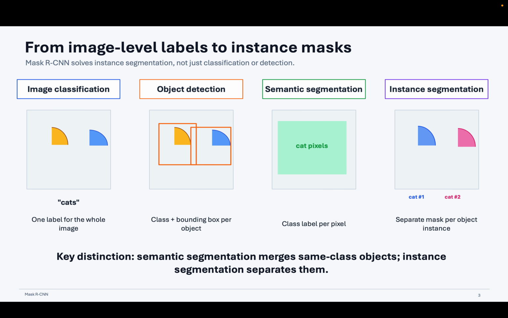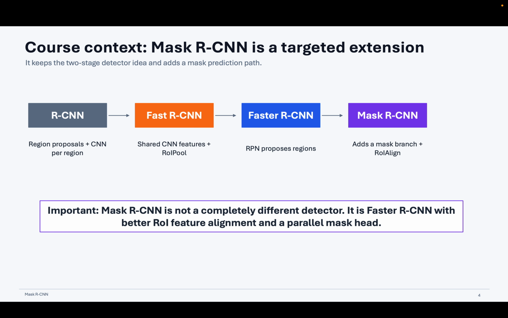Mask R-CNN sits naturally after the R-CNN family. R-CNN introduced region-based recognition. Fast R-CNN made the method more efficient by sharing convolutional features. Faster R-CNN learned the proposal step with a region proposal network.